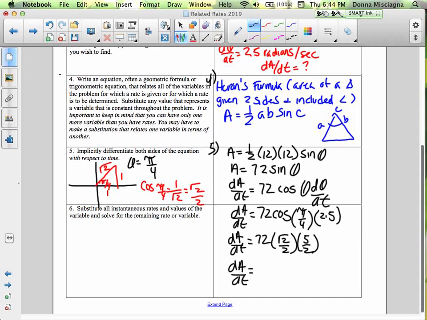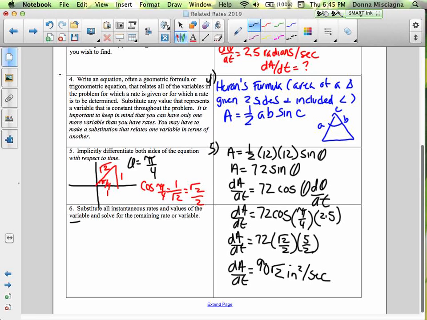So we have 18 times 5, that's going to be 90 square roots of 2. And the unit of measure is radians, no, excuse me, not radians. This is area, and this was in inches, because these were 12-inch rulers. Inches squared per second. There you go.